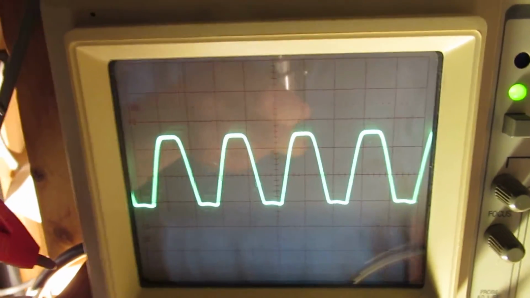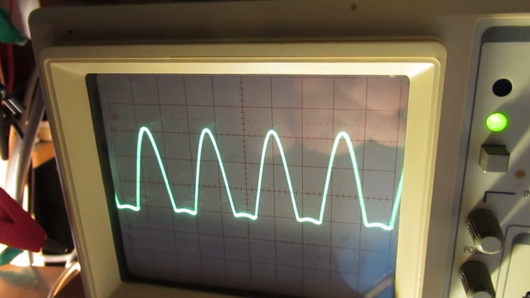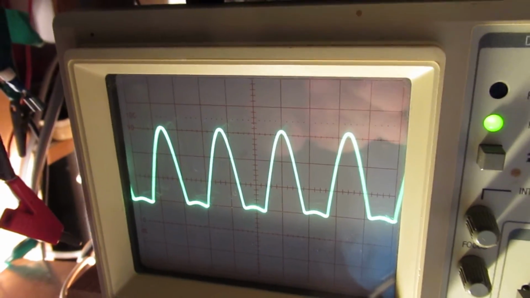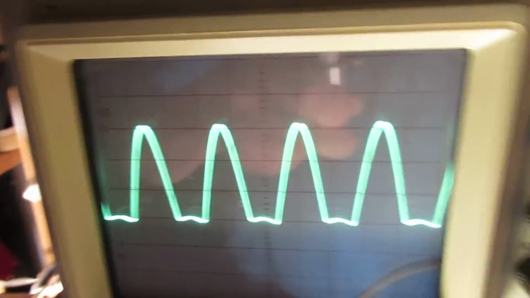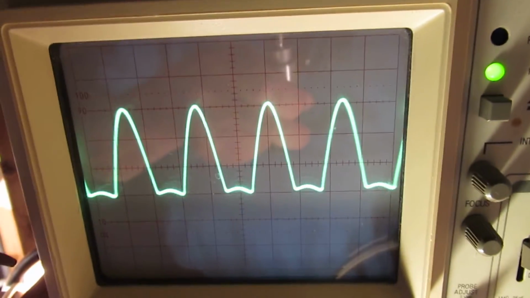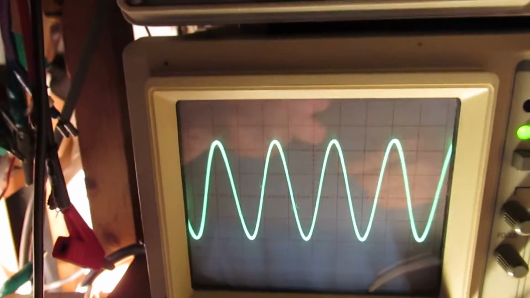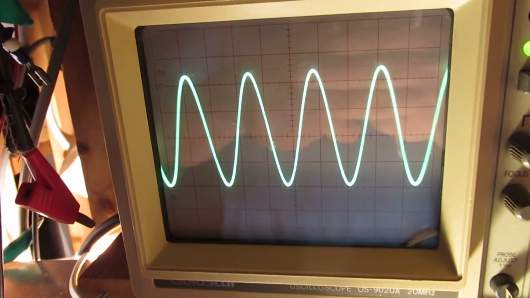Well, that doesn't work anyway. The minimum voltage must be higher, so we go back to 12 volt. Turn the bias potentiometer again. So this is the proper biasing of that one transistor.